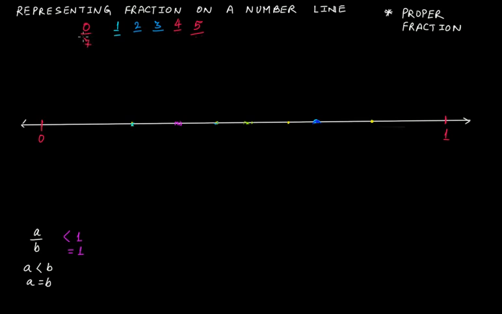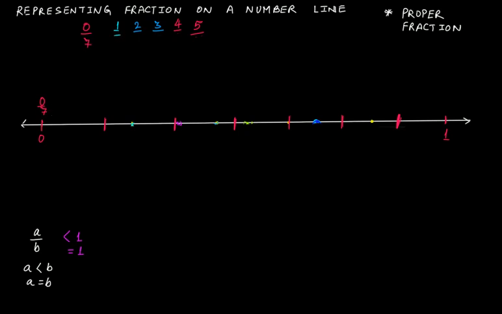Now since this denominator is 7, our number line will be divided into 7 equal parts. So let's say that this is the first part, second part, third part, fourth part, fifth part, sixth. So 1, 2, 3, 4, 5, 6 and 7 parts. Again, assume that they all are equally divided parts. You have to represent 0 by 7. So this will be your 0 by 7.